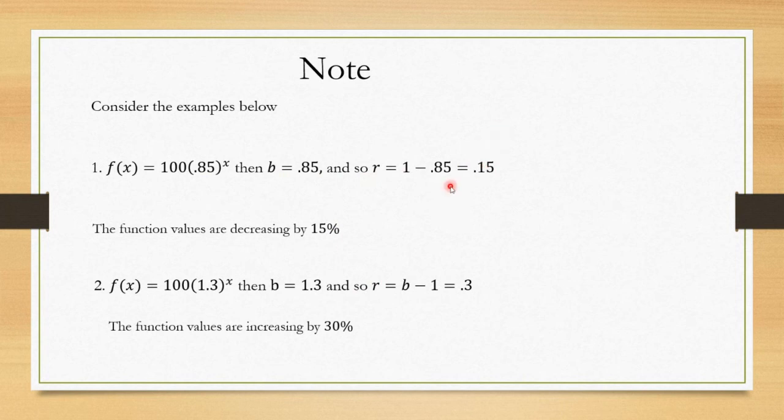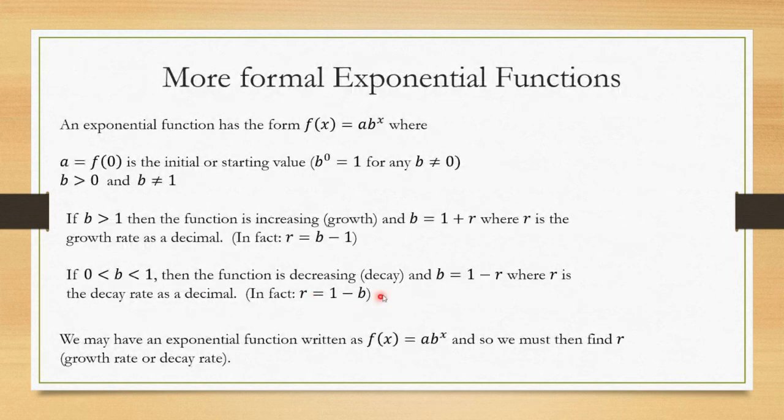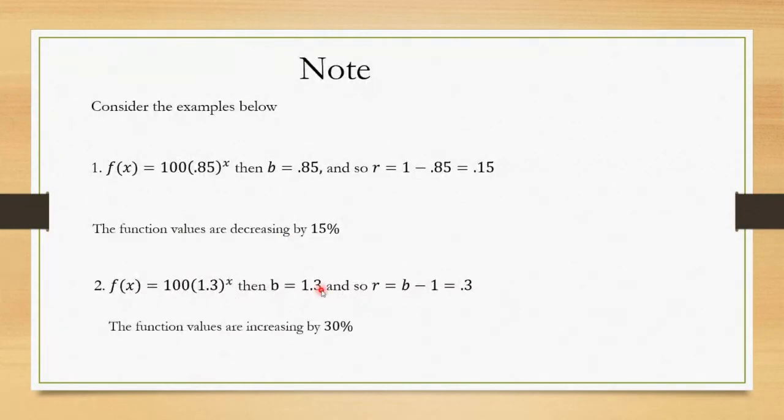Now, if it's greater than 1 instead, like over here, 1.3. That's our b in this case. How we get r, that's 1.3 minus 1. I'm just using this formula. Like so.